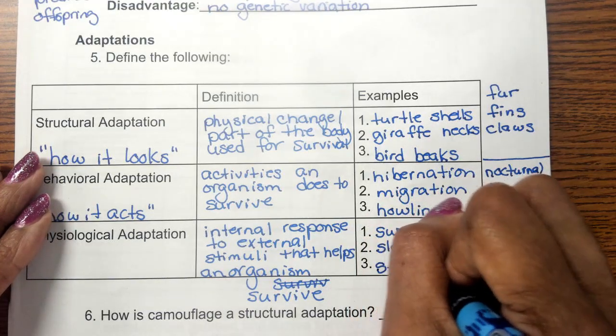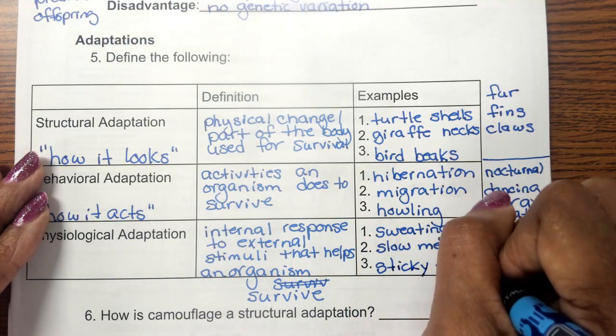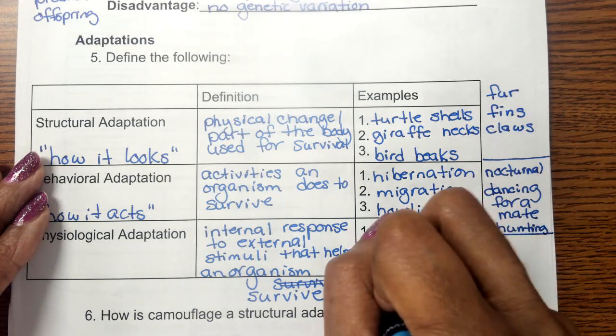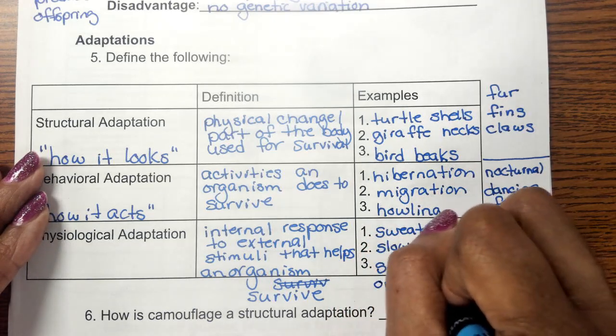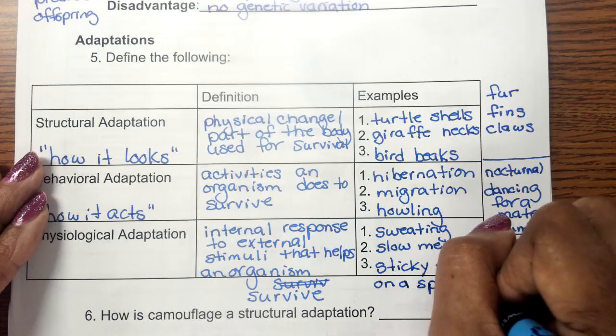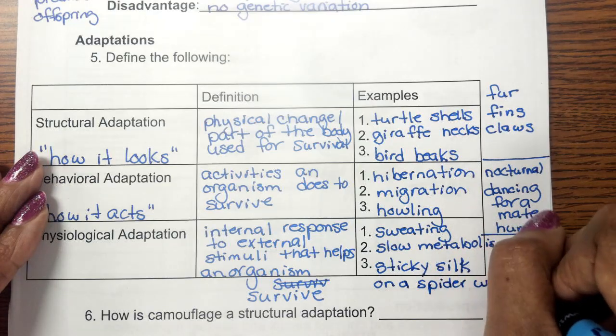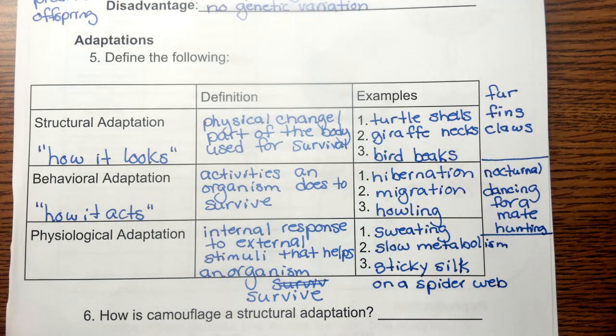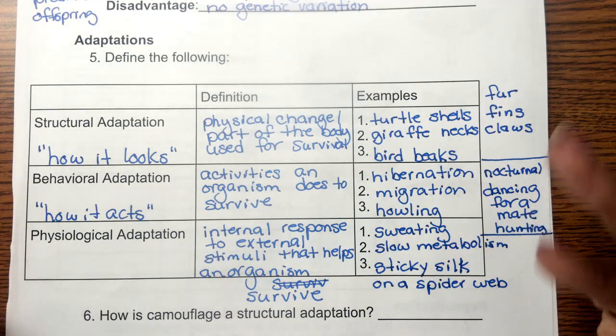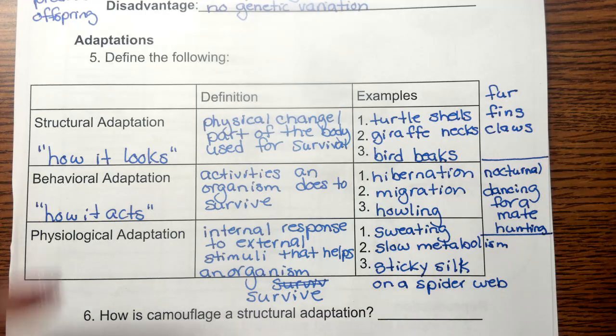Okay, sticky silk on a spider web. The sticky silk catches the prey for the spider, but then it also has a smoother silk that it uses to move around, so the spider itself doesn't get stuck.